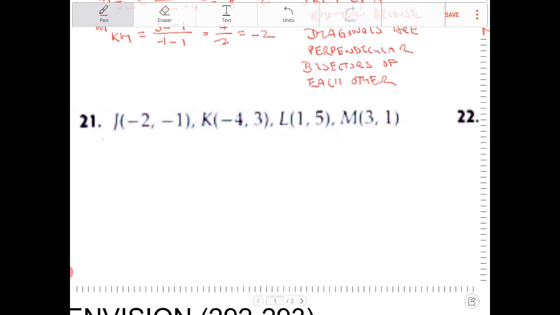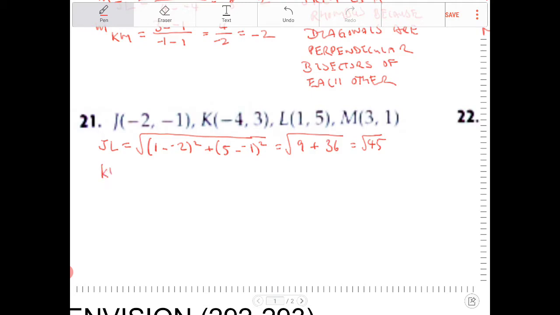So JL is equal to square root of 1 minus negative 2 squared plus 5 minus negative 1 squared. And that would equal the square root of, let's see here, that would be 3 squared, so that's 9. And then 6 squared, that would be 36, so this is square root of 45.